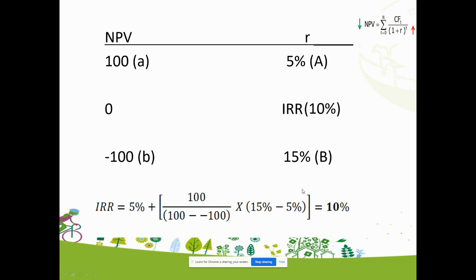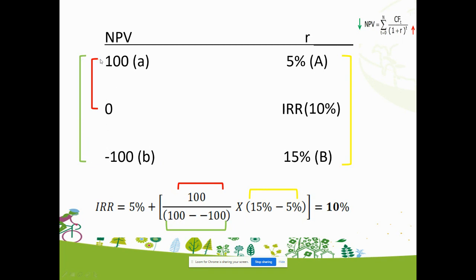You can apply the formula and try to calculate with the four figures, then you should be able to get 10%. If you want to understand it, the interpolation method is just a method to calculate the distance. The small letter a here represents the distance from 0 to 100, and then it is divided by small letter a minus b, which is the total distance.